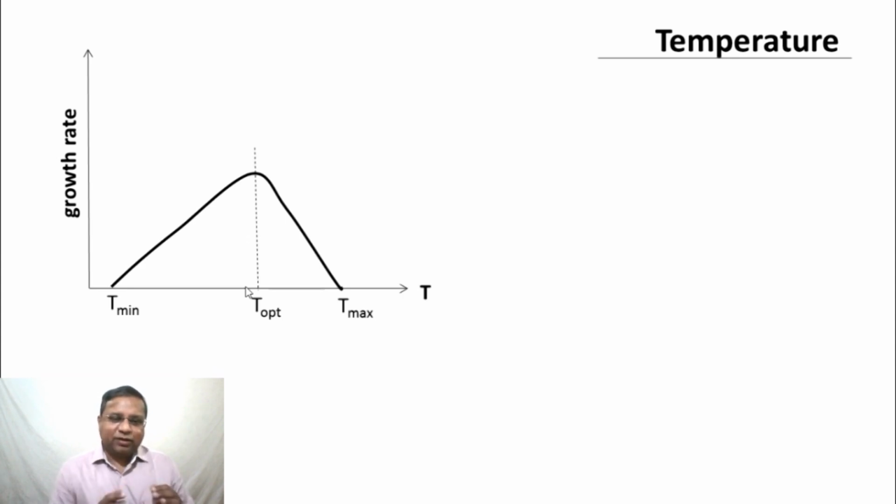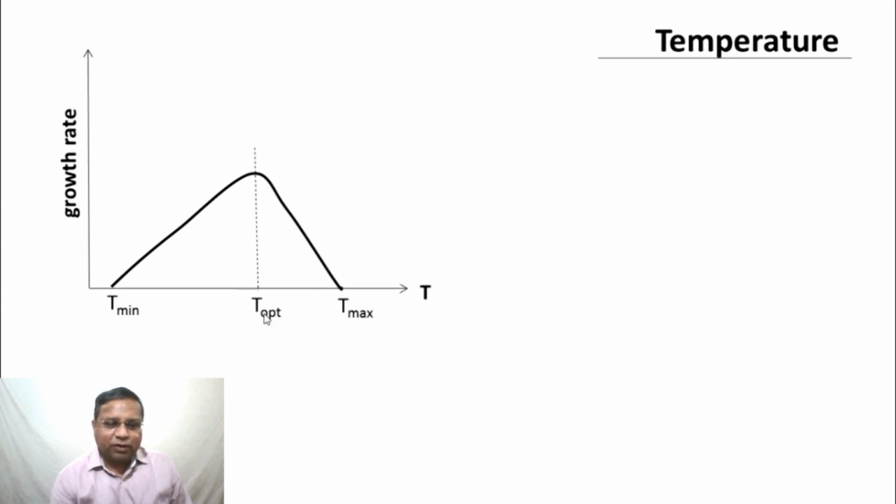Let us say that the growth is optimum at a certain temperature, whereas the product formation is optimum at a different temperature. In fact, this is what we found when we did studies on hybridoma, the cells that produce monoclonal antibodies.